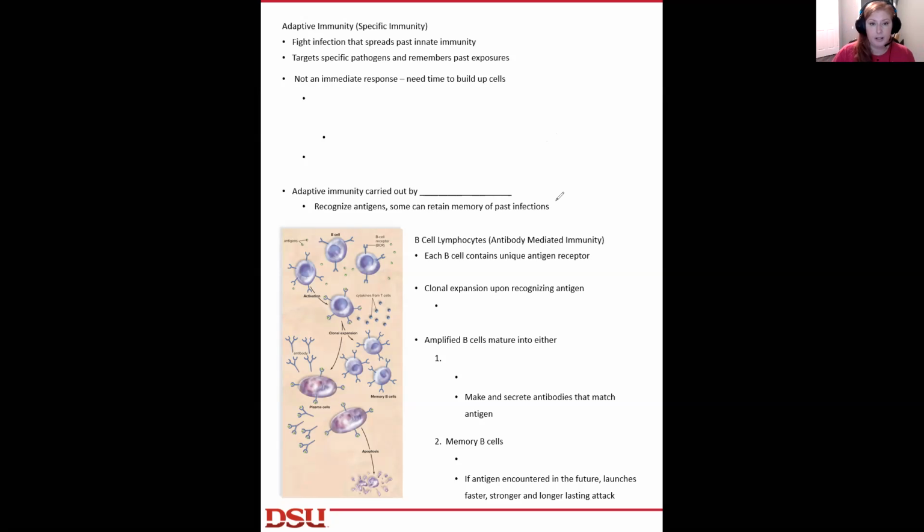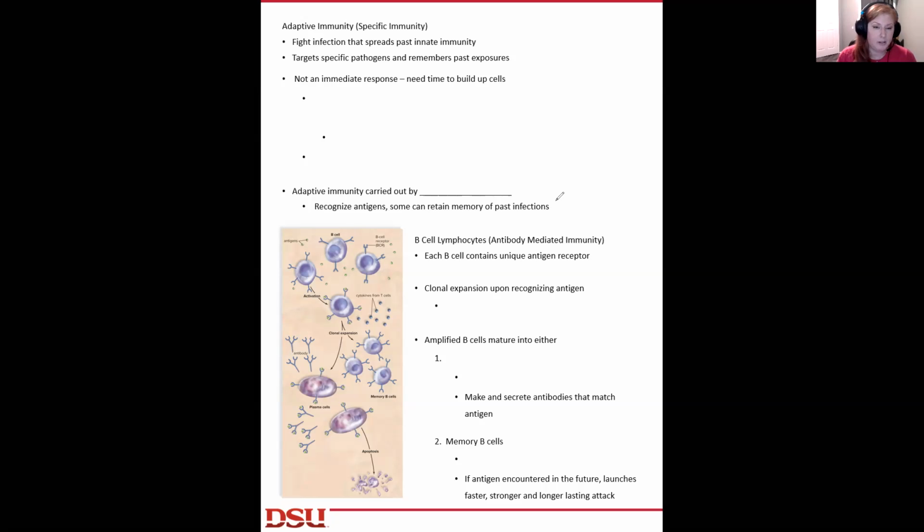Because of that, they can respond immediately because they're not looking for anything specific. Well, with adaptive immunity, the cells involved in adaptive immunity do remember. They do remember past infections, okay? That means that it takes them a little longer to respond. You'd think it wouldn't because they remember, but it does, because they might remember, but their army isn't ready to attack just yet, okay?